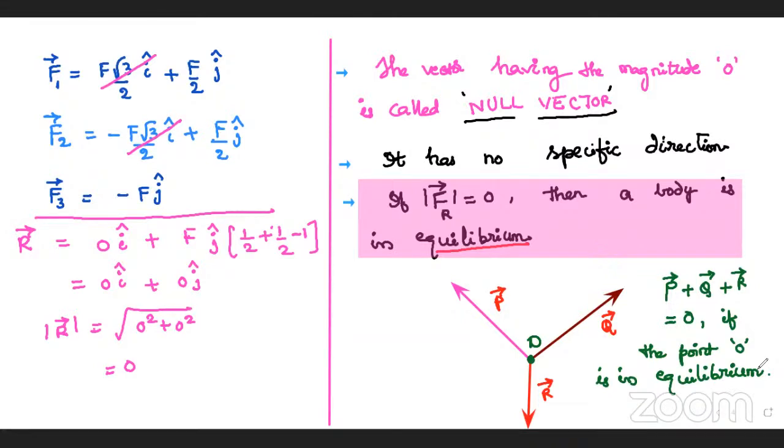So directly we can say P bar plus Q bar plus R bar, even if many vectors are given, P bar plus Q bar plus R bar plus S bar, T bar, U bar, V bar, W bar, the sum of all vectors is equal to 0 if the condition is satisfied: O is in equilibrium. So the above concept we are going to use in our vectors.